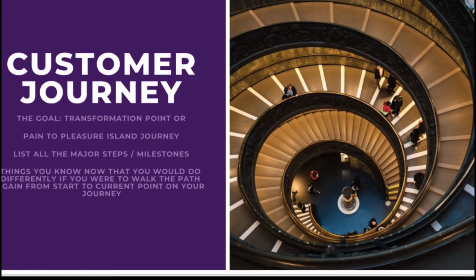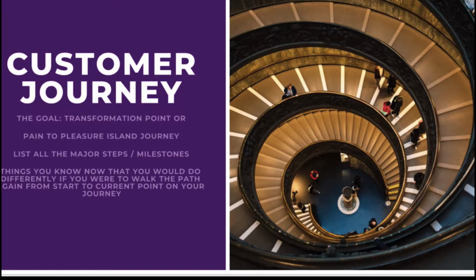So you want to take people from pain to pleasure island. That is their journey. That is what you are responsible for. And you want to list all the major steps, the milestones of what you do with people, where they start, and then like in that graphic before, list the major milestones of what actually happens and what you facilitate.